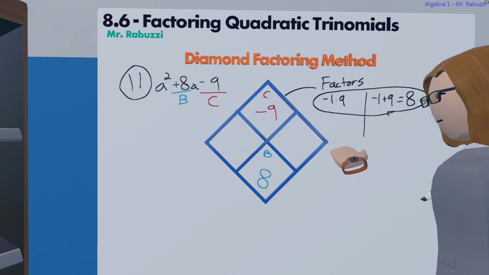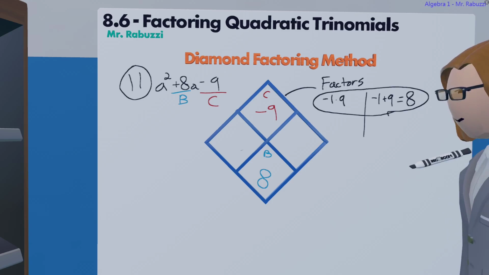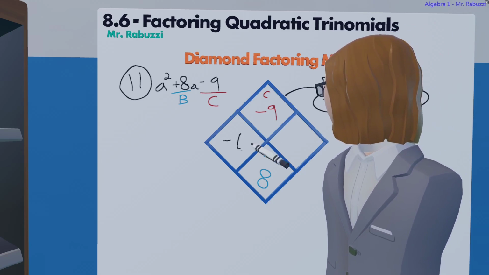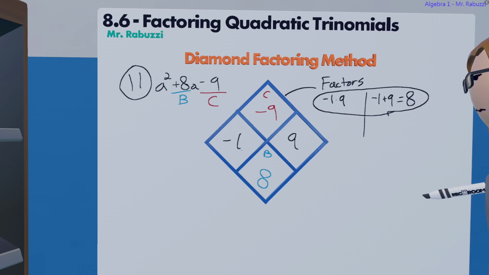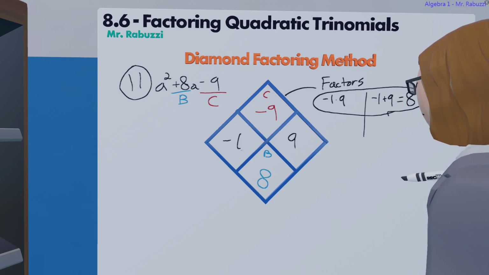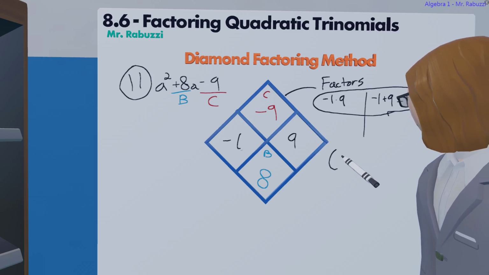Sometimes it takes us 3 tries, 4 tries, 5 tries, but this time I got them right. Nice. So my two factors are -1 and 9. That looks like a Q, but it's a 9. There.